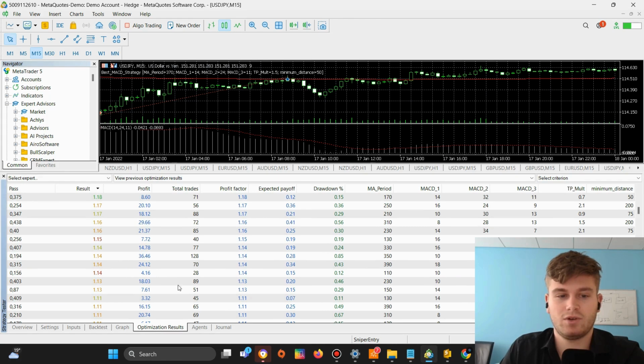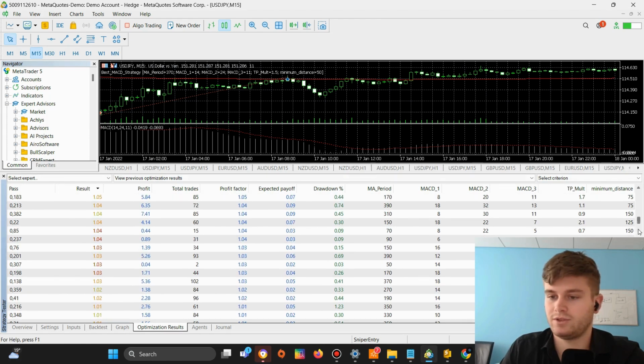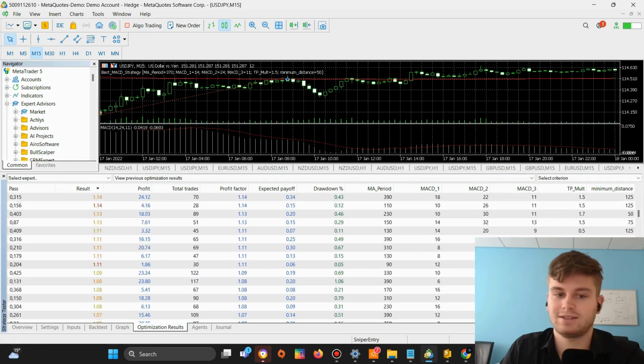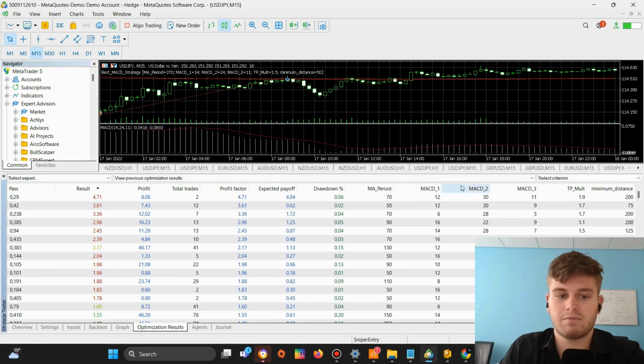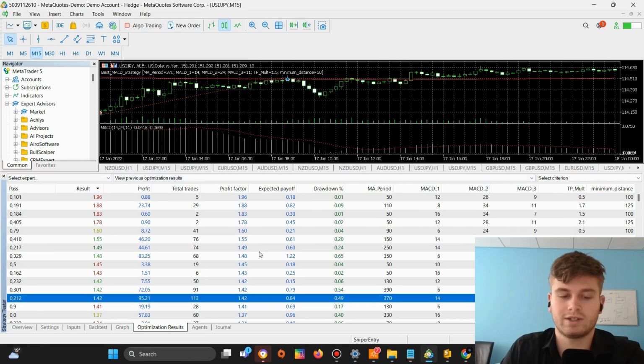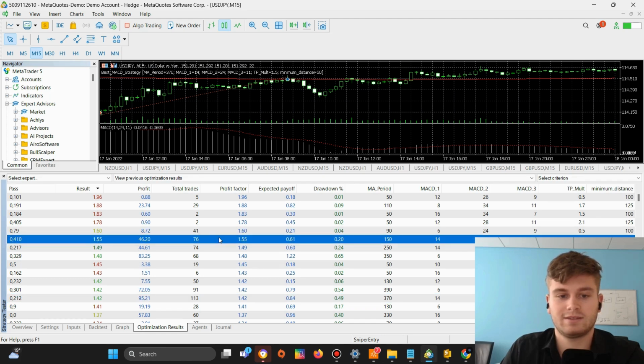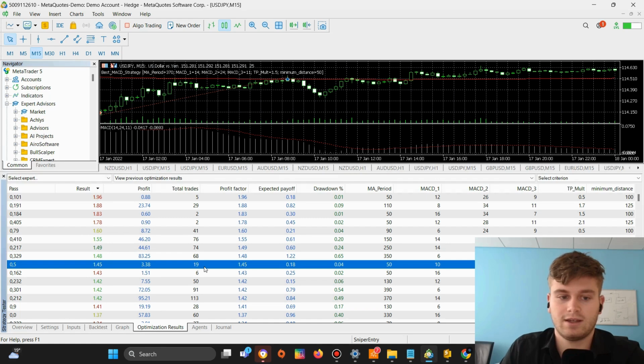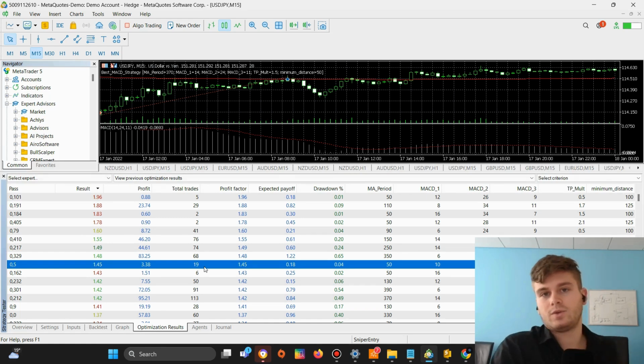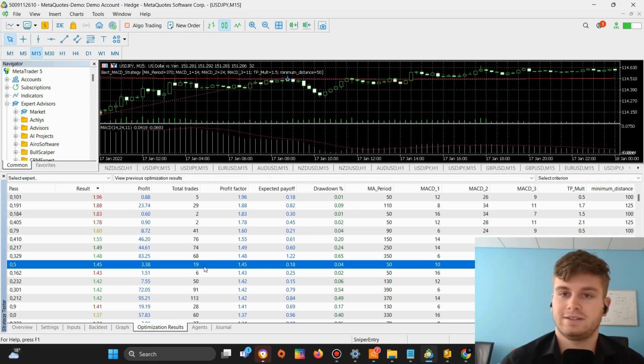But as we go more into the optimization results, I don't really see many more good results in here. All of these I would disregard because of the number of positions. And also we have to think about, because in the video they set the filter with the price action.